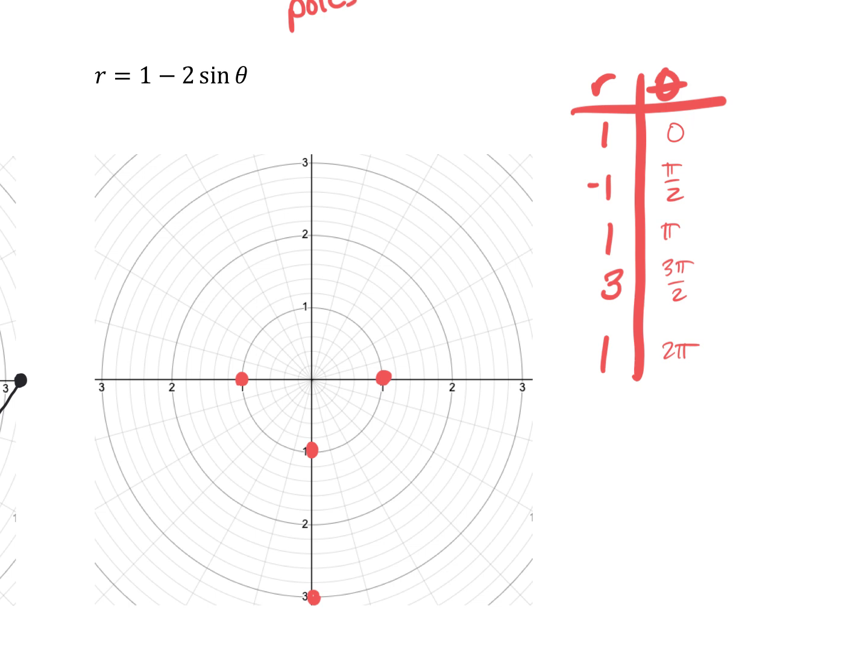And the poles are where the radius is equal to 0. Okay, so the radius in this case will equal 0 when 1 minus 2 sine theta equals 0, which is when sine theta is equal to 1/2, yeah? So for which values of theta is sine equal to 1/2?